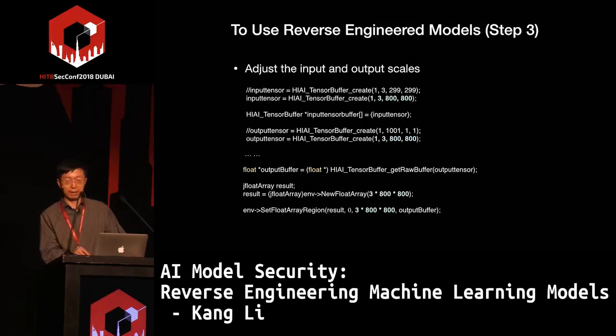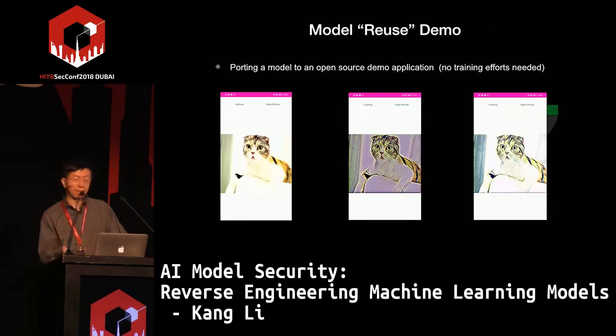Every time you need to specify the image, the input and output size, you have to modify that correspondingly. And here's the effect we got. Initially the application is simply showing the picture, and now we can let it show the artistic effect, with the model borrowed from another application.